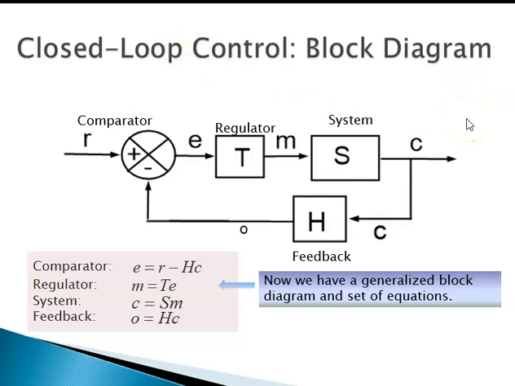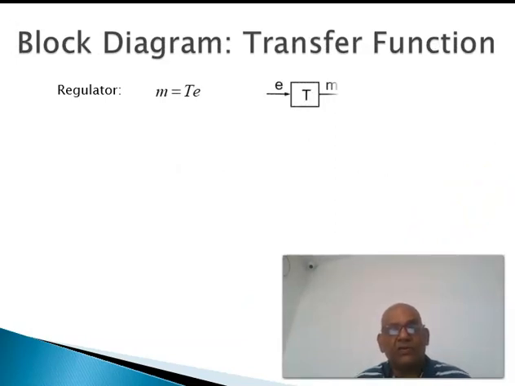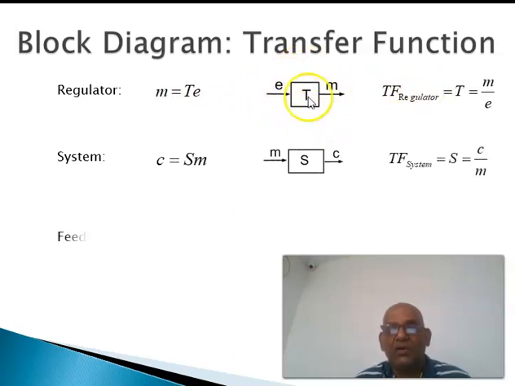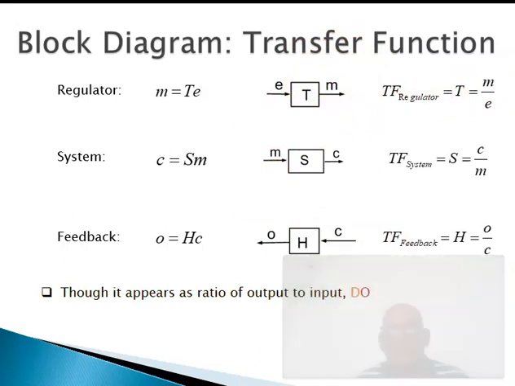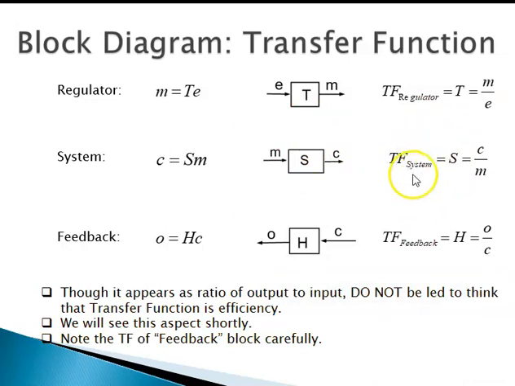Now we'll introduce the term transfer function in a bit more formal way. For the regulator, you have M is equal to TE, and you represent it as a block diagram indicated over here. We call this T the transfer function of the regulator. Similarly, S is what we call the transfer function of the system, and H is the transfer function of the feedback.